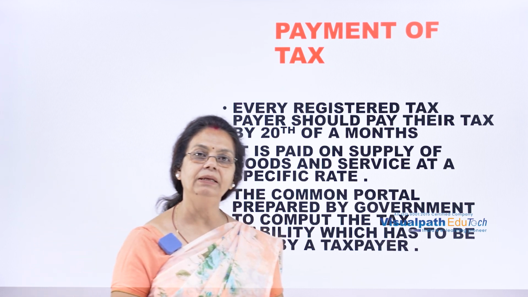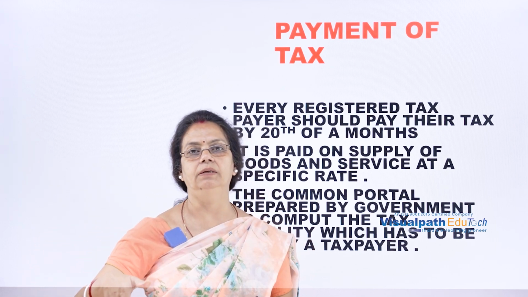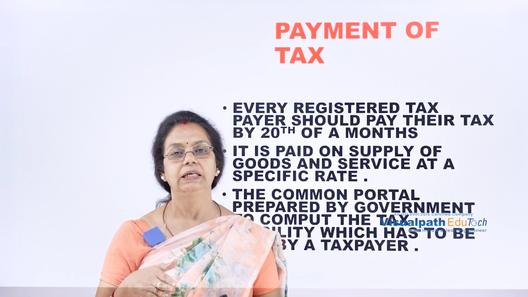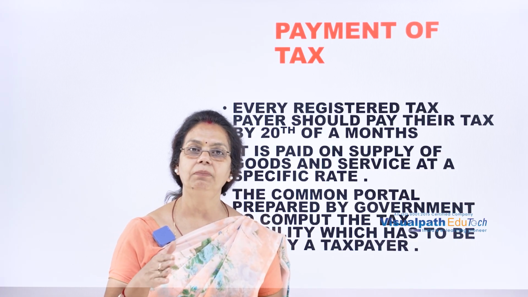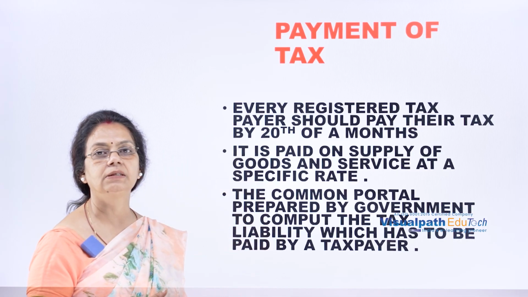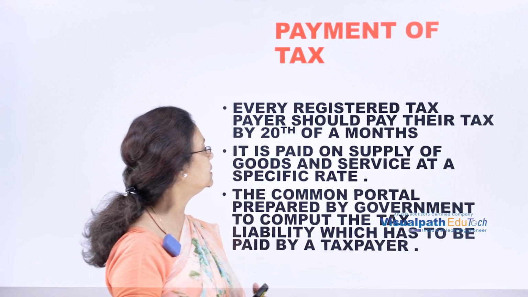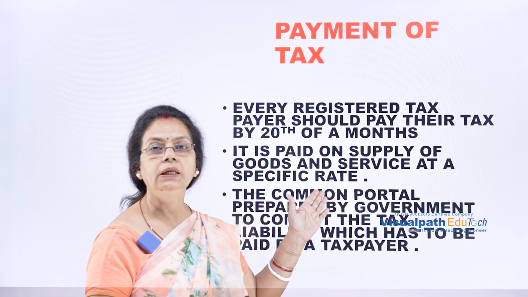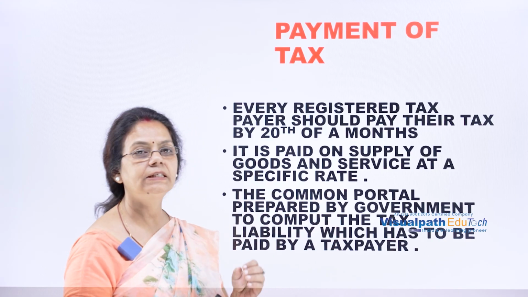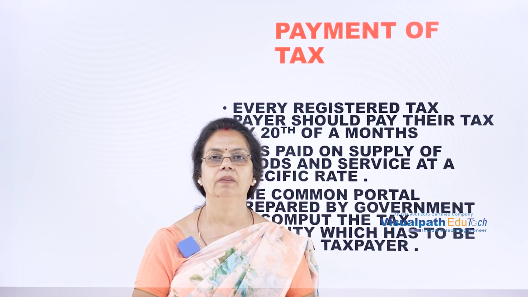You cannot pay the tax at the end of the year. The trader has to pay the tax every month, within 28. So that is mandatory. It is always paid on the supply of goods and services at a specific rate.